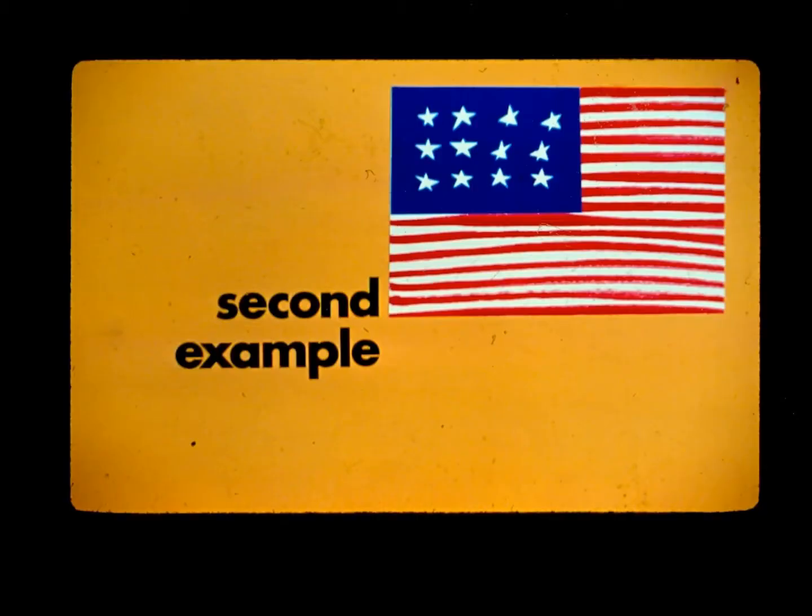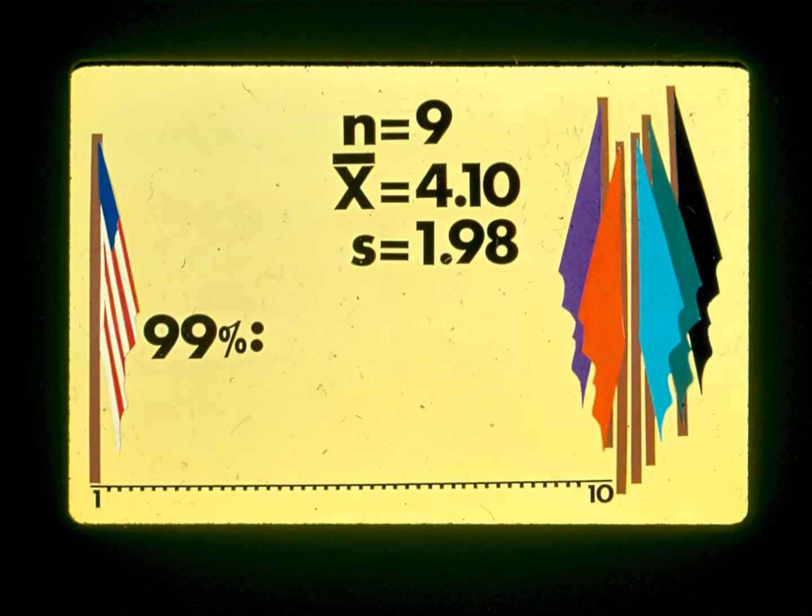The second example for which we will compute a confidence interval involves political tolerance. Suppose a questionnaire was developed to determine political tolerance scores for faculty members. The score obtained for any individual was some number between 1 and 10, with a higher score indicating greater tolerance.